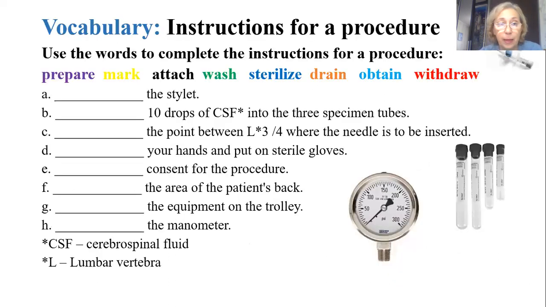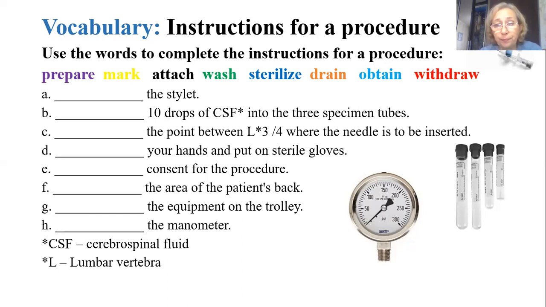Okay. So here we have some vocabulary that we should use correctly in describing a procedure. Here there are instructions for a procedure, and we should use the words which are given here in different colors to complete the instructions.